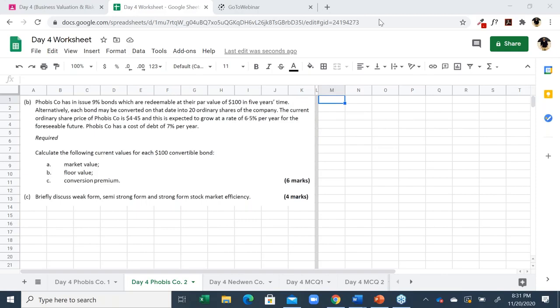We started business valuation in the last session and we will continue with business valuation and then we will solve a few questions on risk management. After that, I will take all of your queries, questions, anything that you came across, any problem that you came across, your preparation for exams.